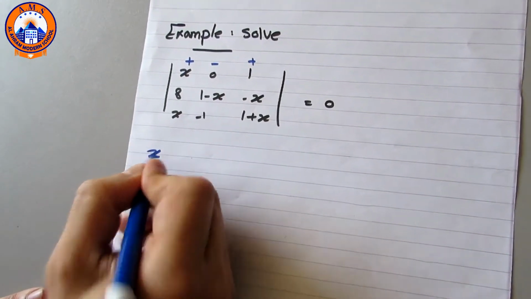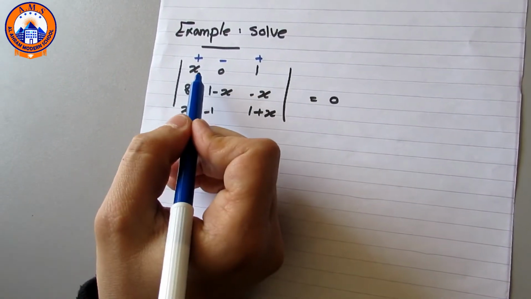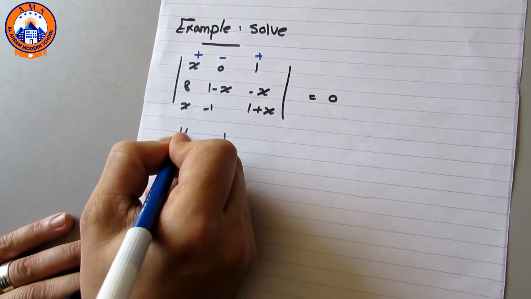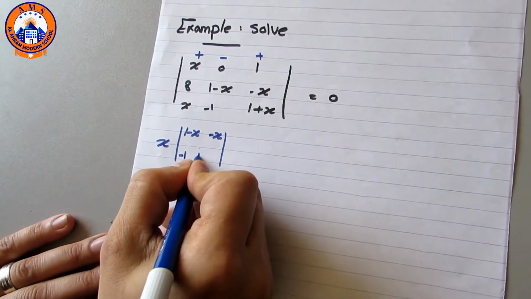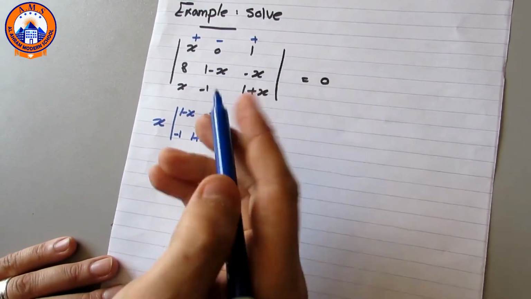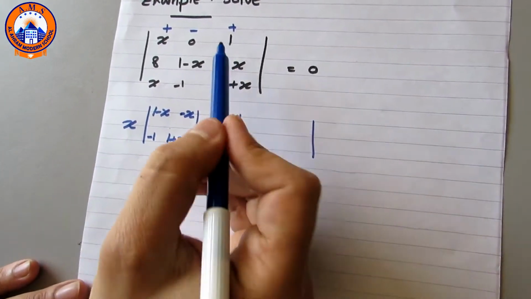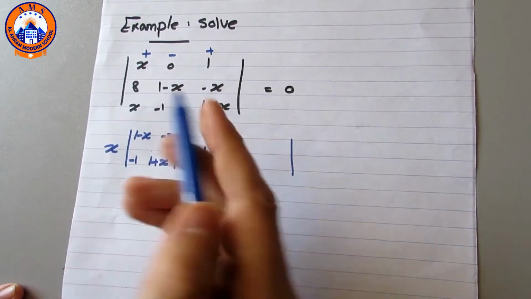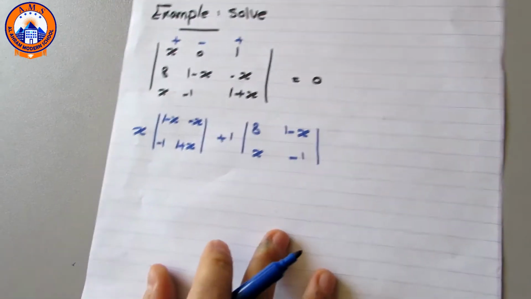Let x multiply, cancel the row and the column of the x, and write the remainder 1 minus x, negative 1, 1 plus x. After that 0, I said don't write the 0. After that 1 multiply, cancel the row and the column of number 1, and write the remainder 8, 1 minus x, negative 1.